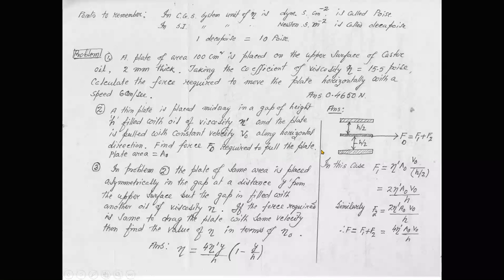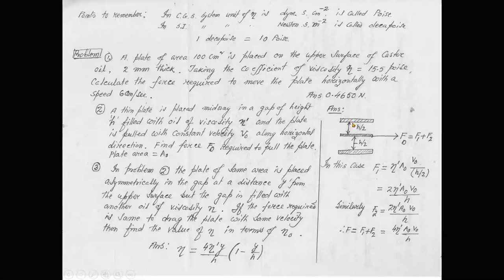Okay. So F naught is equal to, we have said already, F naught is equal to F1 plus F2, where F1 is equal to force due to the upper half, and F2 is equal to force due to lower half. Now F1 is equal to eta A dv by dy.